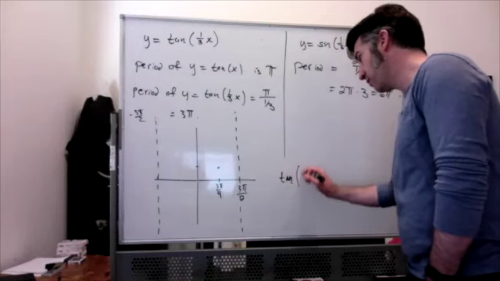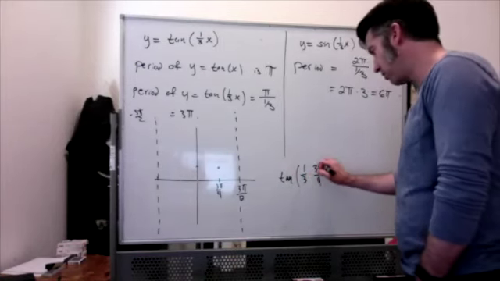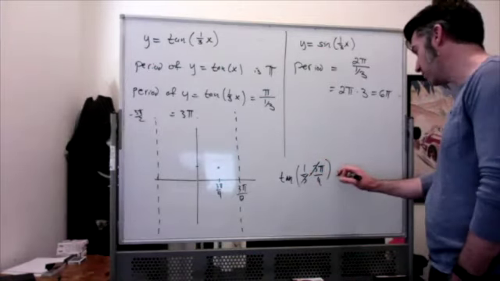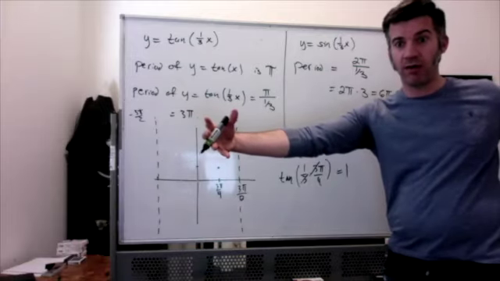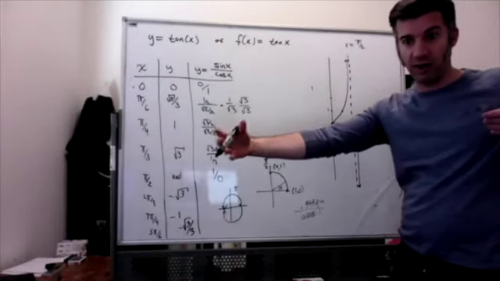Because if you plug in 3 pi over 4, look at what happens. Tangent of 1/3 times 3 pi over 4, the 3's cancel, and you get tangent of pi over 4, which is 1. Right? I'm just stretching out where my y values occur. Before, my y value of 1 was at pi over 4. Now I've stretched it out horizontally by a factor of 3.